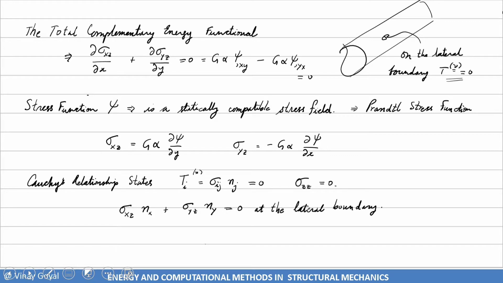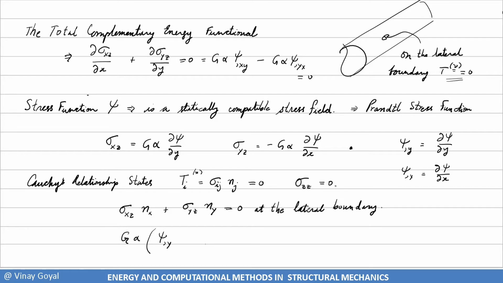And so if I substitute these equations that I came up with into this equation, I basically get G alpha, parenthesis, and then I have partial of C comma Y. Let me use comma Y. So anytime I say C comma Y, that's partial of C with respect to Y. And I want to use C comma X for partial of C with respect to X. That's what I'm doing.